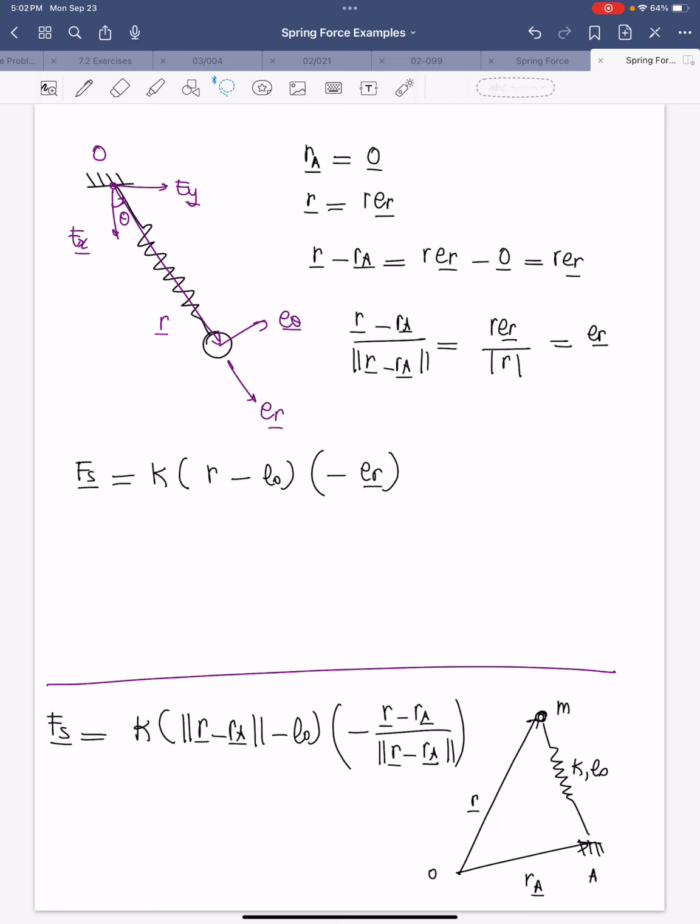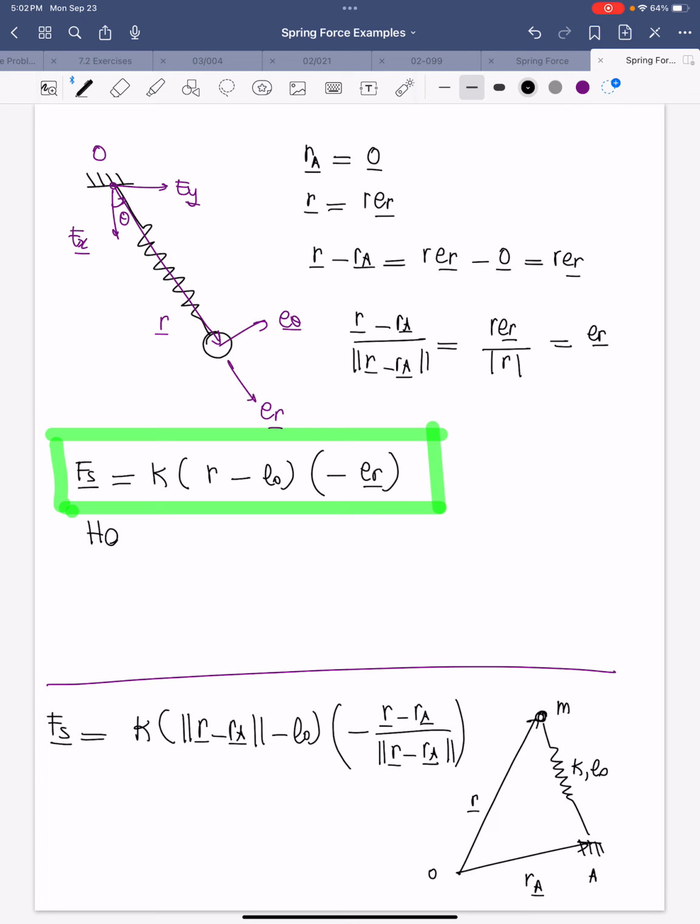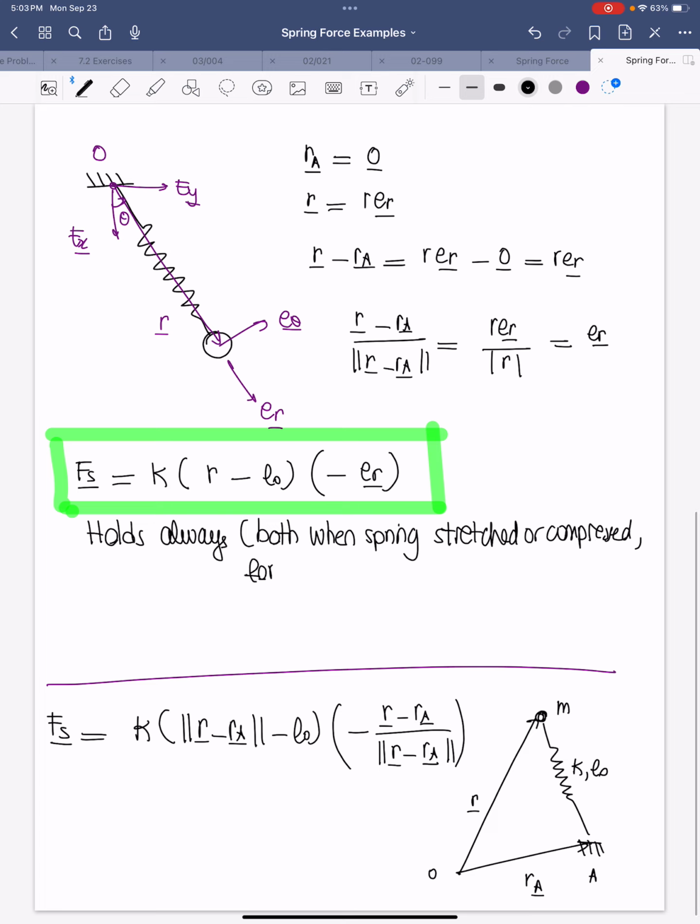This spring force always holds, whether the spring is compressed or stretched, and for any location of the mass described by this configuration.